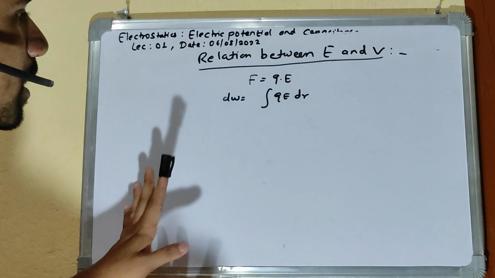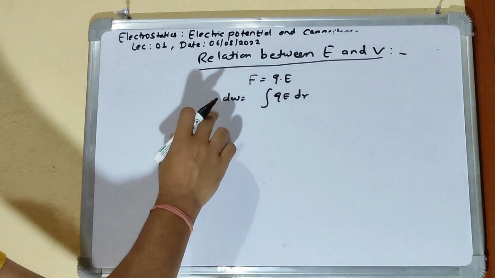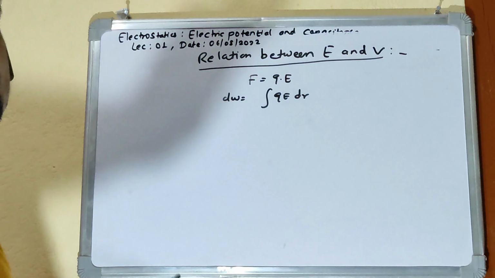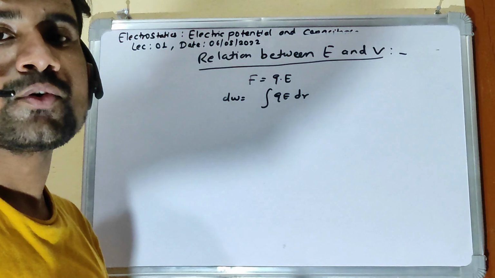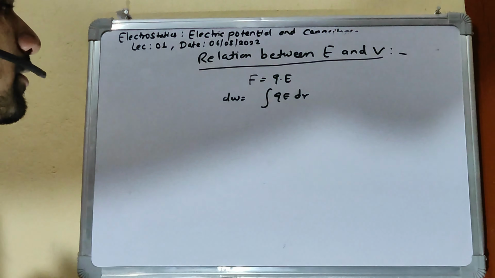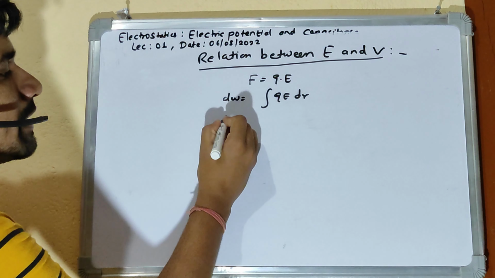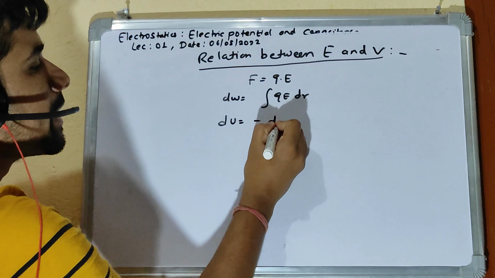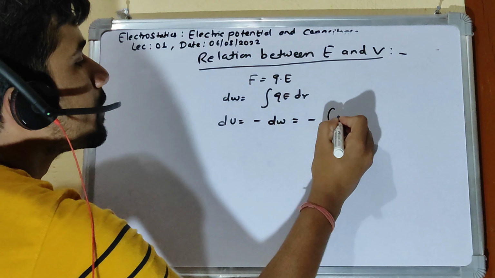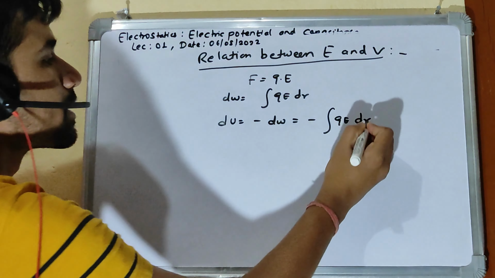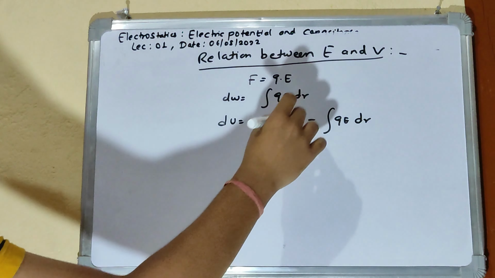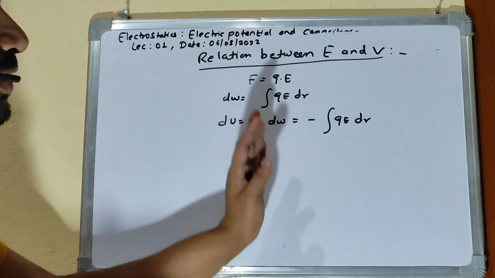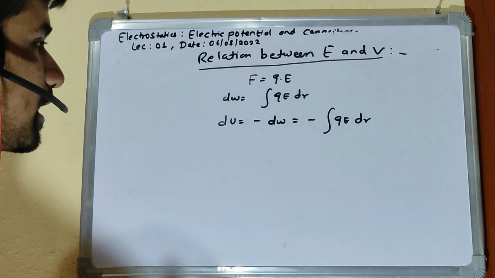Now this work done, we said that the potential energy is the negative of work done. So if I need to find dU, it is nothing but minus of dW, which is nothing but minus of qE dr. So this is the integration of qE with respect to dr, right?